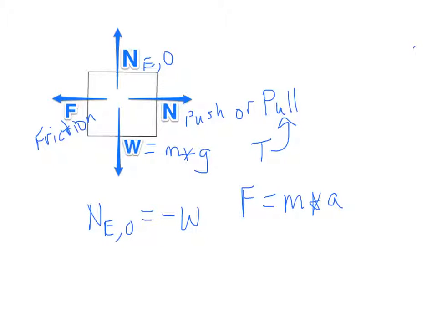But really, this force here that I just circled is better termed as the F net, and that is the sum of all the forces involved. So we want to have the sum of all the forces that are involved when we draw our free body diagrams.